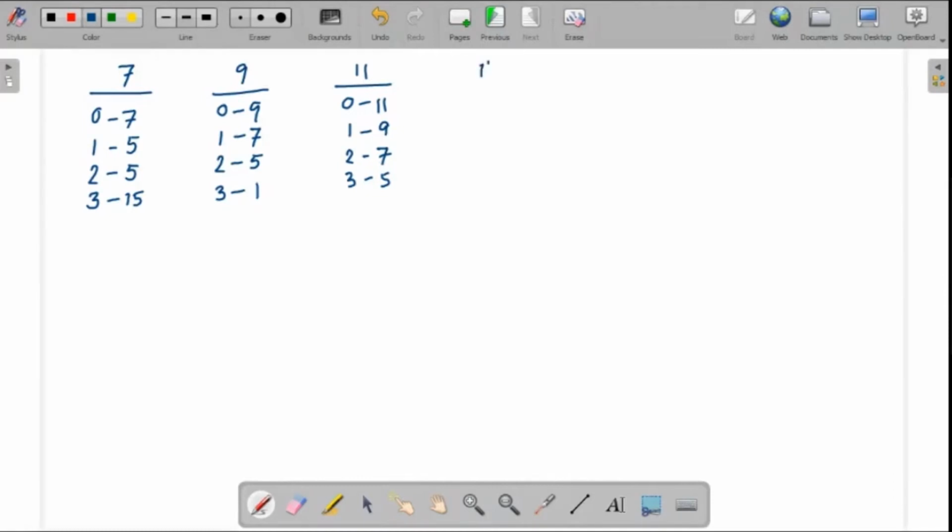Node number 13, in the same fashion: 0 will give you 13, 1 will give you 13 minus 2 is 11, 13 minus 4 is 9, 13 minus 8 is 5, and this is the last node which we have. So 0 will go to 15.